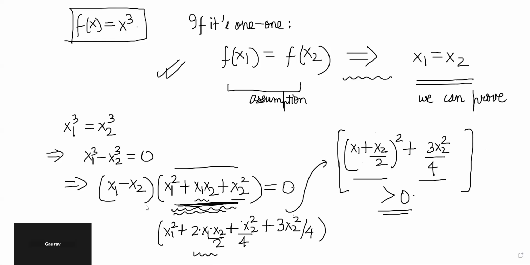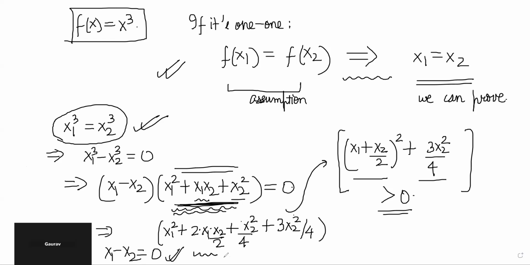So the only way you can have x1 cube equal to x2 cube is that this quantity can never be 0, so that implies that x1 minus x2 is 0, right? So from here, we are able to prove this, correct? So the function is going to be a one-one function, right?